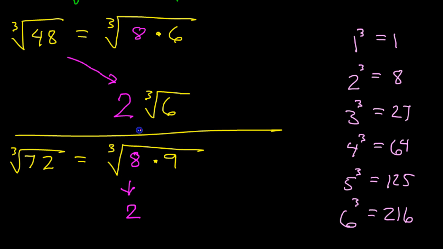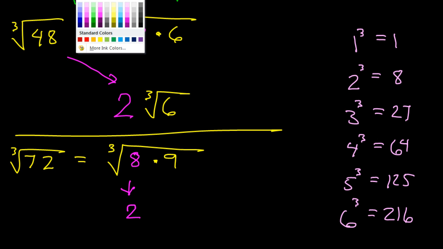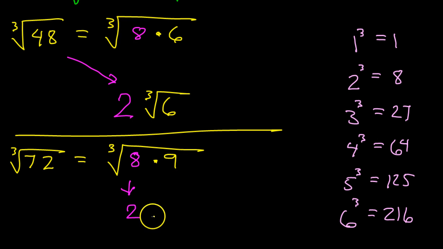But then we've also got the cube root of 9. Not the square root of 9. It's not going to be 3. Alright? 9 is not a perfect cube, so it's just going to stay the cube root of 9. Okay, so the cube root of 72 is the same thing as 2 cube root 9.